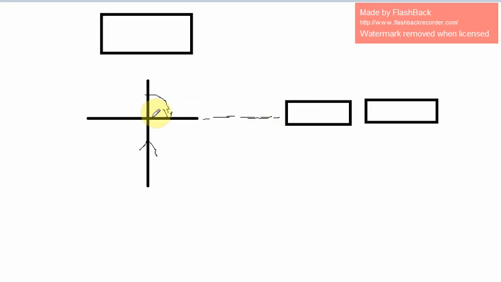If somebody turns this way, it is still a right turn. If he turns this way, he has turned slightly toward the right. This way, he has turned slightly toward the right. But that is not very accurate.